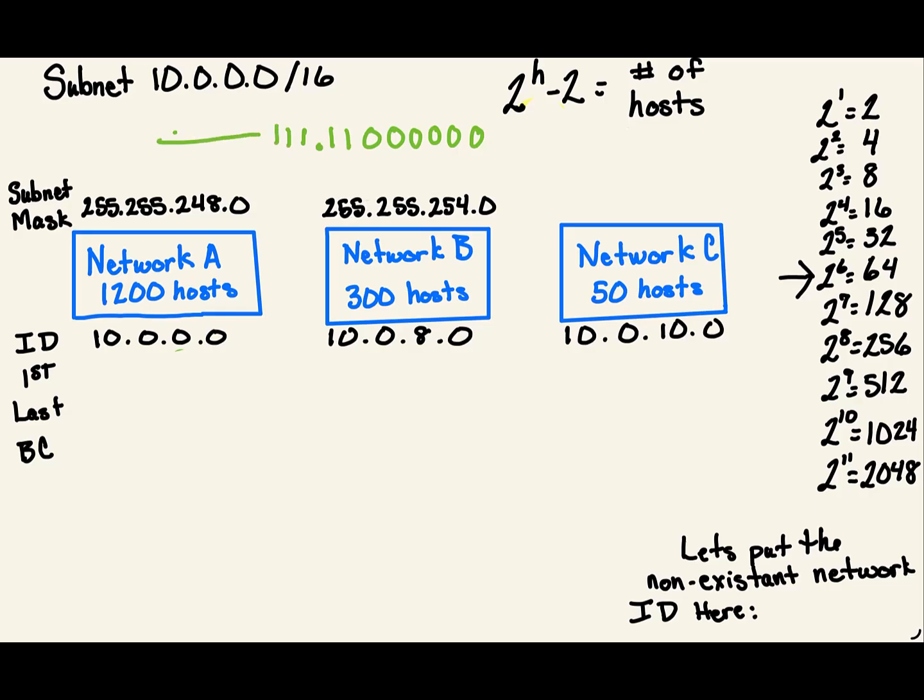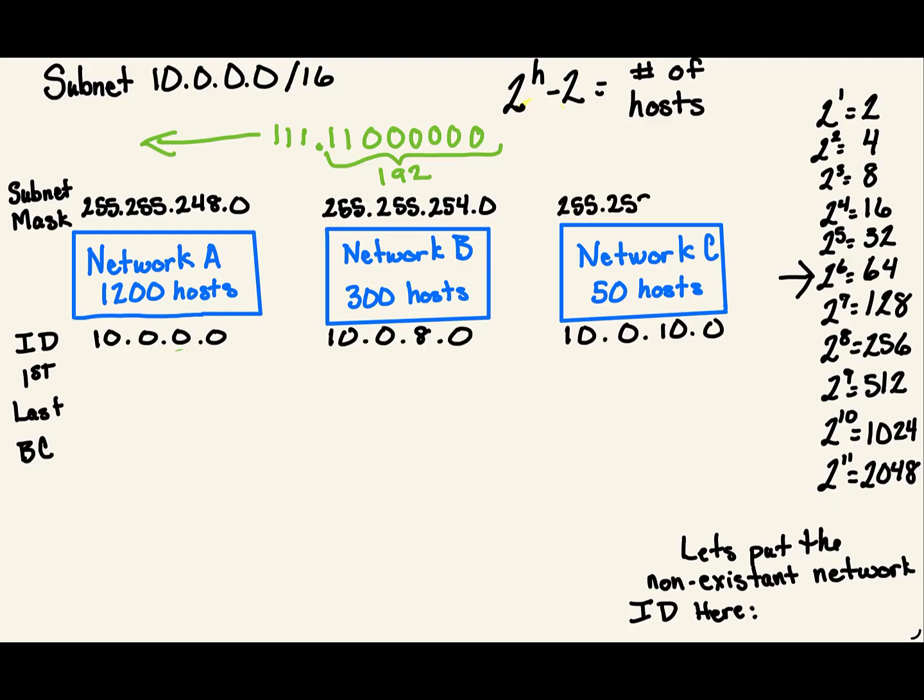Putting our 6 zeros in here and then filling out the remainder of spaces with ones, we get our binary number of 11000000. That converts to a decimal value of 192.